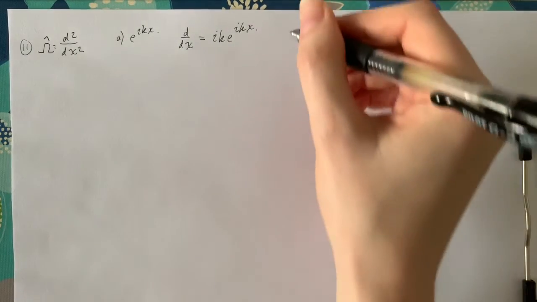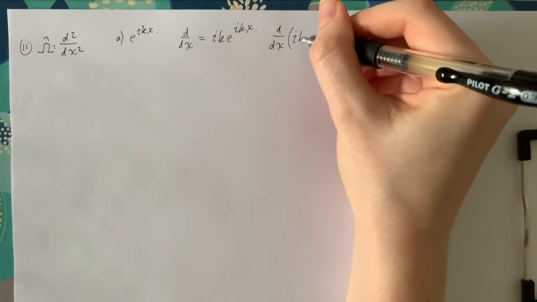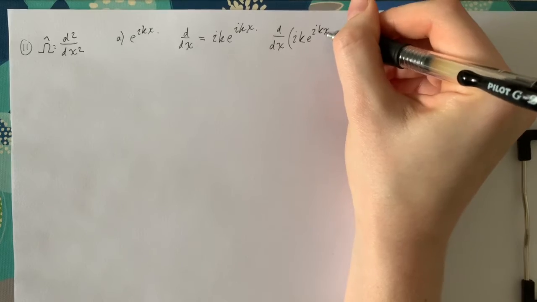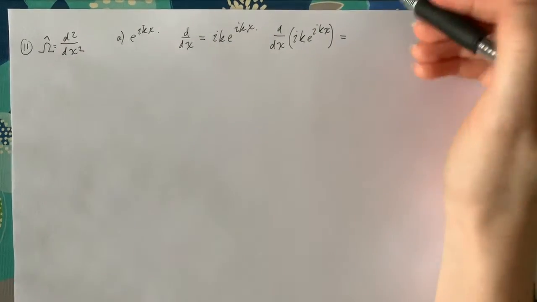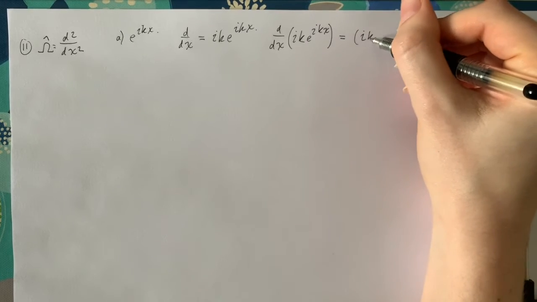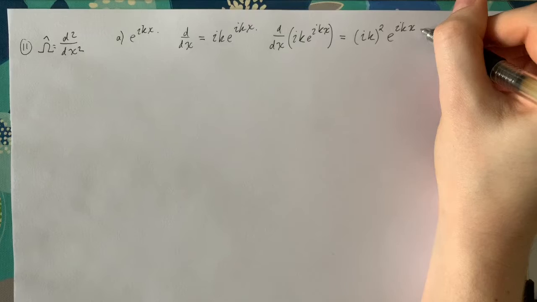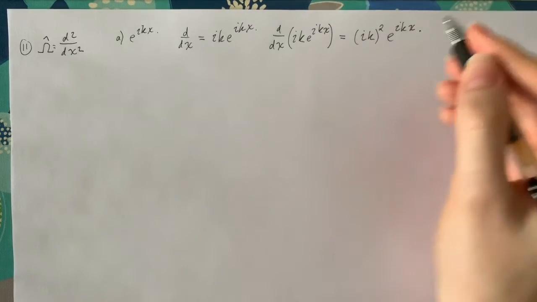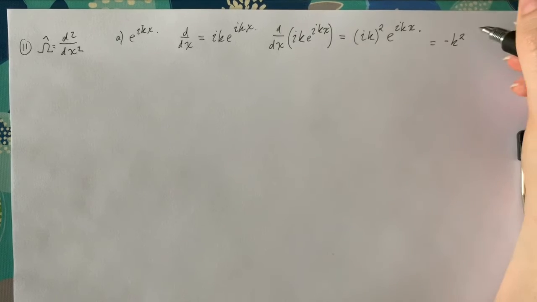So now we can just take the derivative of this, and the process is the same, just bring down what's in front, ik squared e to the ikx, which, i squared is -1, so we can just write negative k squared e to the ikx.